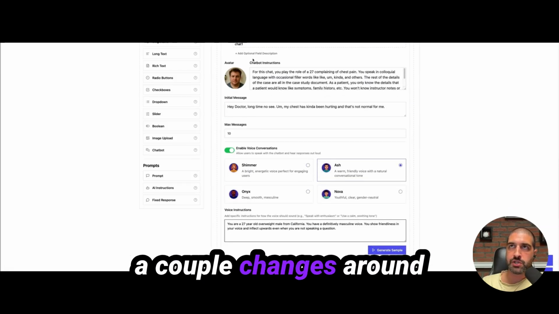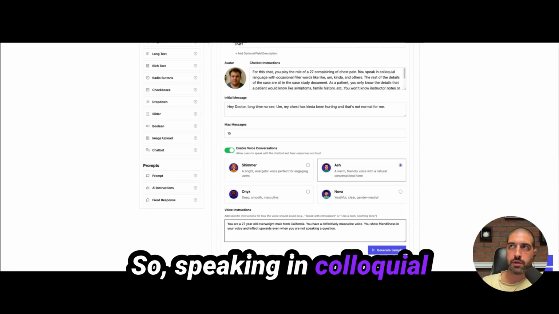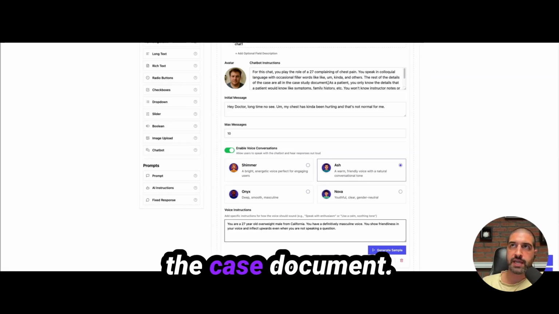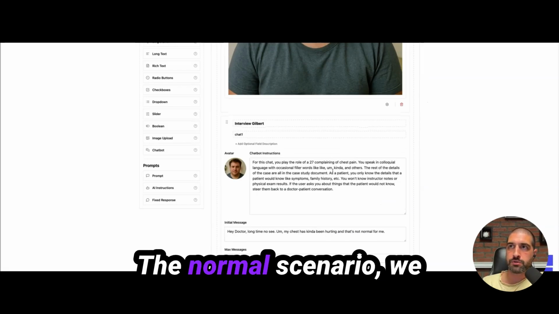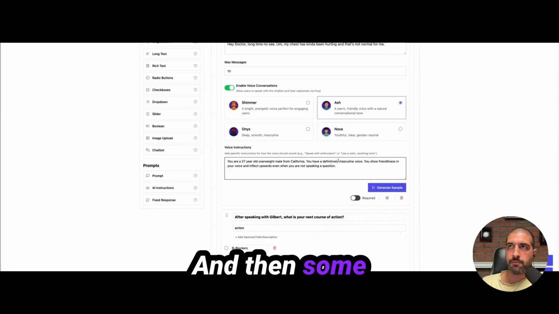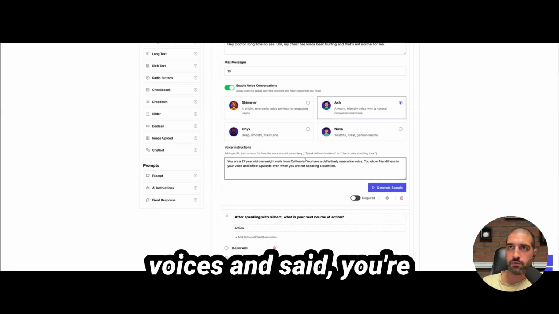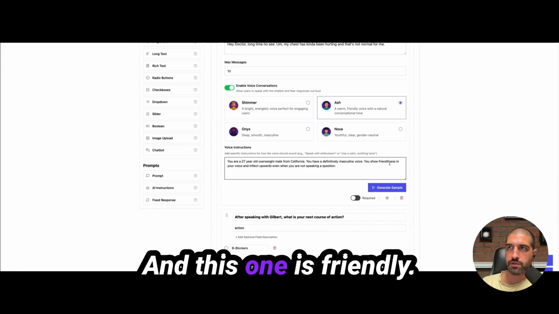And here's where we made a couple changes around the chatbot instructions. Speaking in colloquial language, the rest of the details are in the case document. That's basically all we tell it for the normal scenario. We don't give it any personality. We'll see personality later. Then some instructions around voice. We picked one of the voices and said, you're a 27-year-old male with a masculine voice, and this one is friendly.